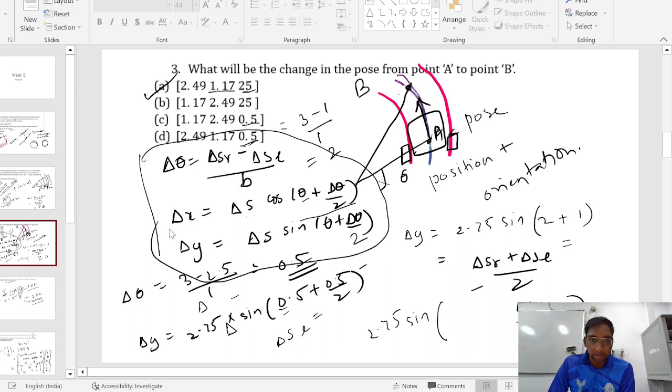Delta X and delta Y are given as delta S cos(theta plus delta theta by 2) and delta S sin(theta plus delta theta by 2). This comes directly from trigonometry. When you substitute, you get the answer 2.49, 1.17, and 25. This is just application of the formula.